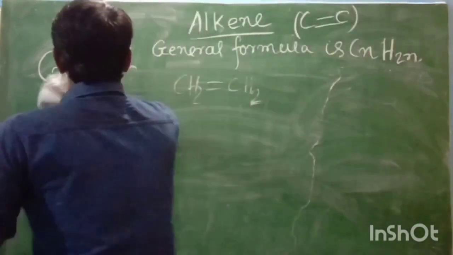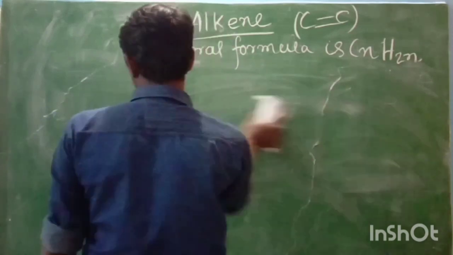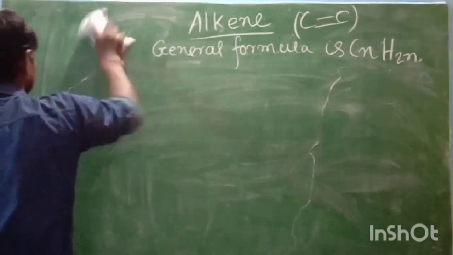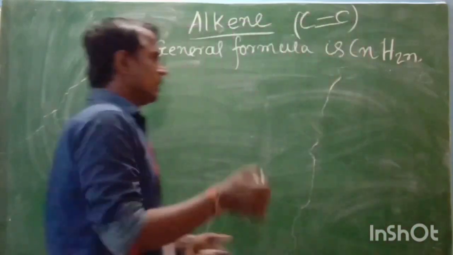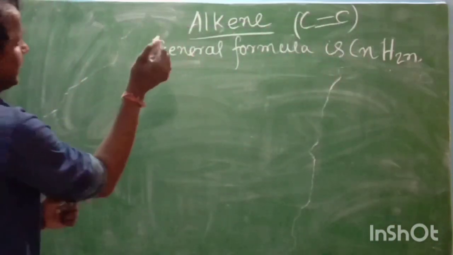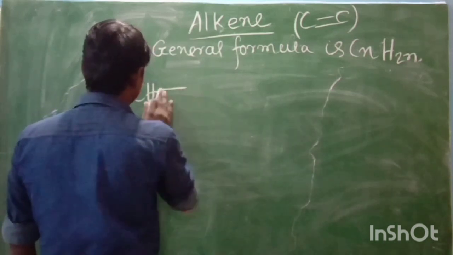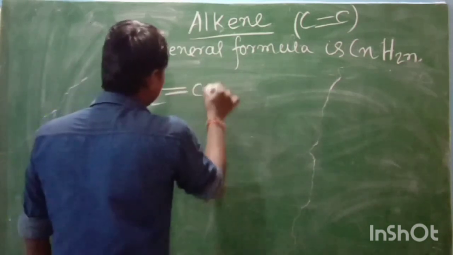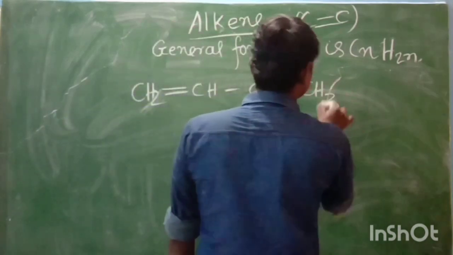Next, we explain the nomenclature of alkene. Let's start with an example: CH2=CH-CH2-CH3.